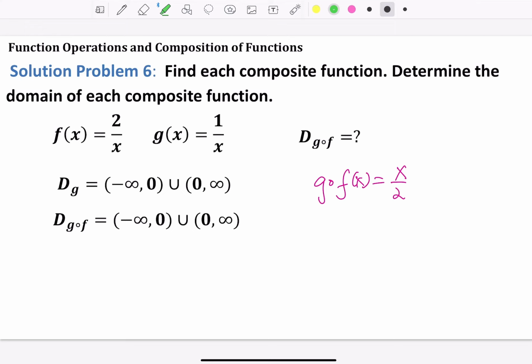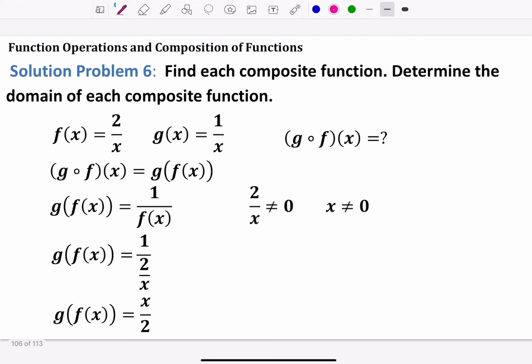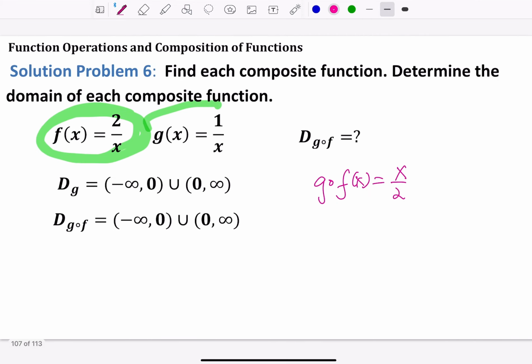And all the values in the domain of the inner function, in this case, we found g of f of x, so the inner function was 2 over x. And all the values that are in the domain of 2 over x are the values other than 0.